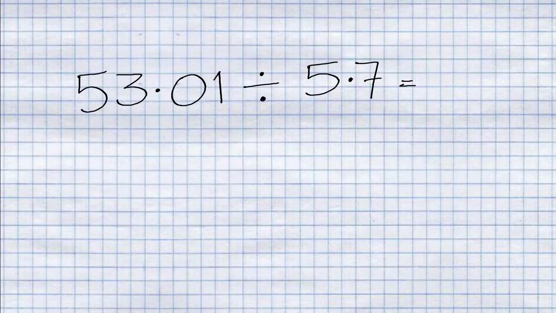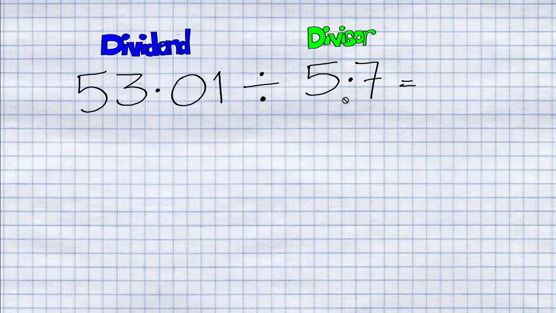Okay, so let's take this problem. 53.01 divided by 5.7. 5.7 is the divisor because it's the number that you're dividing by, and 53.01 is the dividend because it's the number you're dividing into.